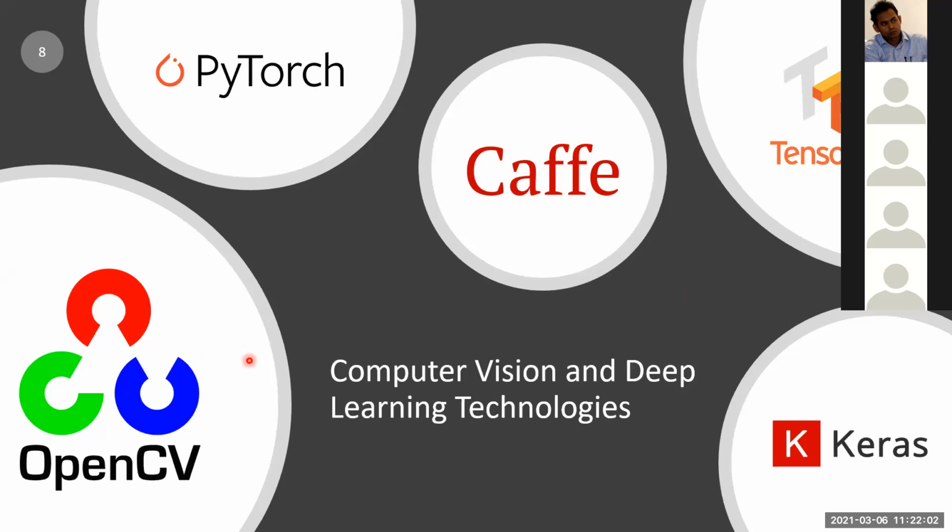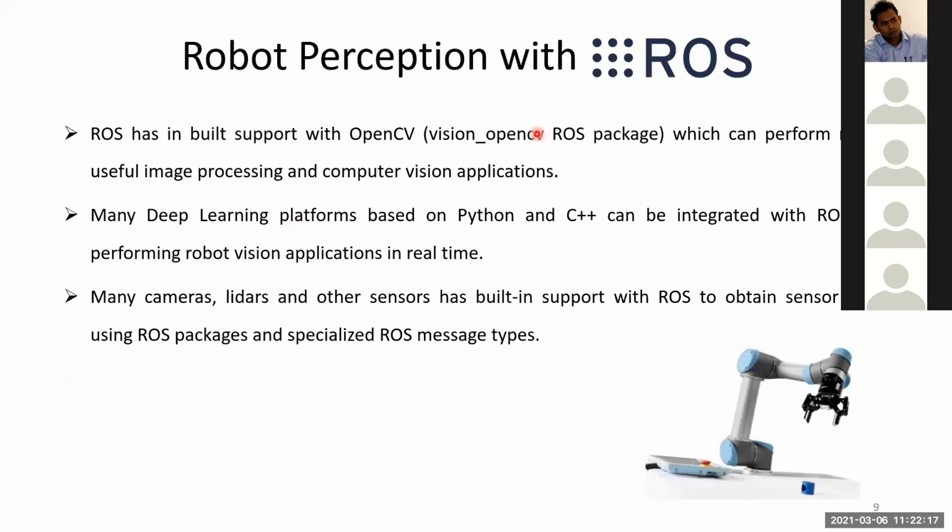PyTorch, Caffe, TensorFlow, and Keras are all deep learning environments. They can be useful in developing, training, and inferencing deep learning models. So let's now see how robot perception can be done with ROS.